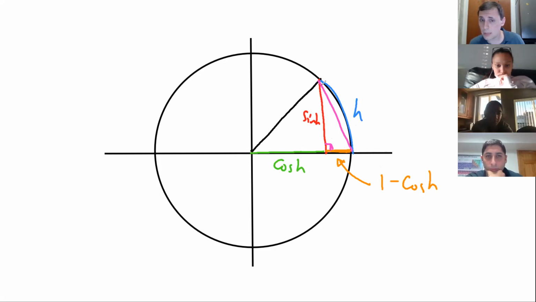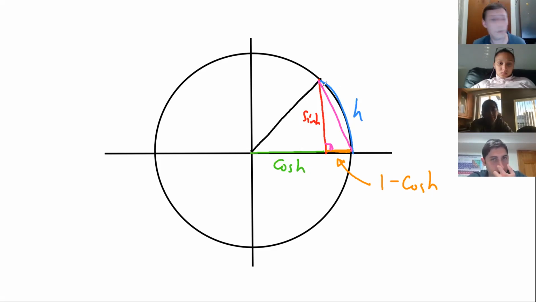In other words, if h is very small, essentially the full length is carried by sine h, and therefore this part must be 0. Sine squared plus 0 squared must be equal to essentially h squared. That's, of course, very heuristic. We can make a very rigorous argument for that. I'm just hoping you can see why that indicates that this segment compared to h will have to go to 0. It's much, much smaller than h.